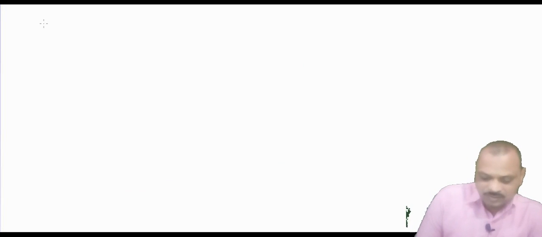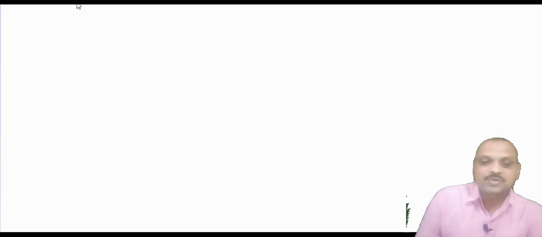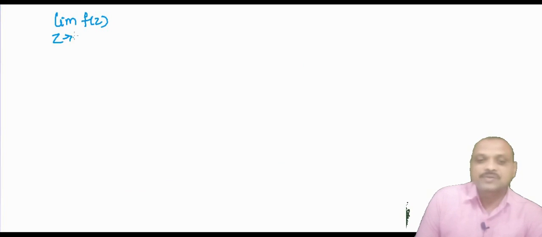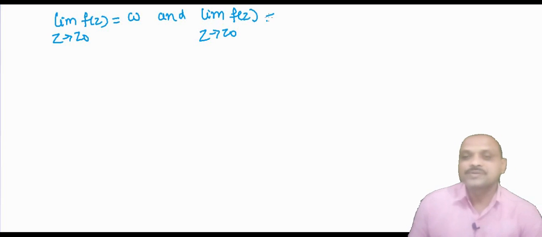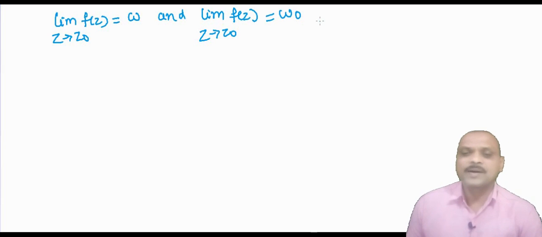Okay, so suppose that the limit of f(z) as z tends to z0 is equal to w, and if this is possible, the limit of f(z) as z tends to z0 is also equal to w0.